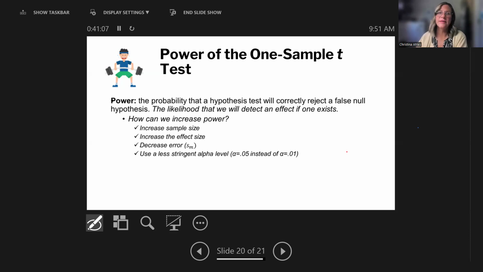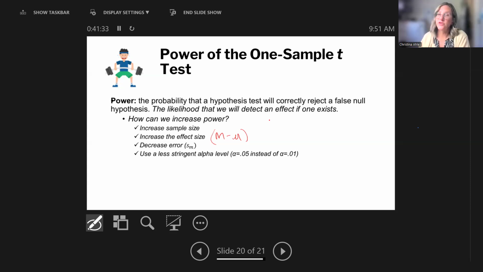Now, when we think of effect size, it's the M minus mu, the numerator, or the Cohen's d, that absolute effect, the difference between the sample mean and the population mean. We could decrease our error, right? We could decrease the variance in the sample, which would decrease the error.